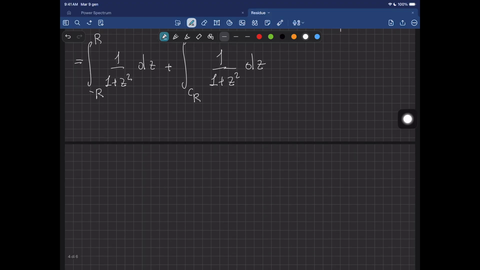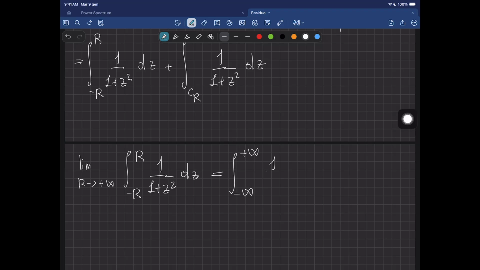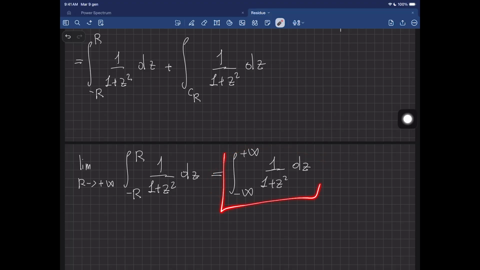If we consider the limit as R goes to plus infinity of the integral between negative R and R of 1 over 1 plus z squared dz, this is going to be equal to the integral between negative infinity and plus infinity of 1 over 1 plus z squared dz. And this is exactly the integral we were starting from, the one we wanted to compute from the very beginning. You can substitute x and z, it's just a label, so it doesn't really matter.